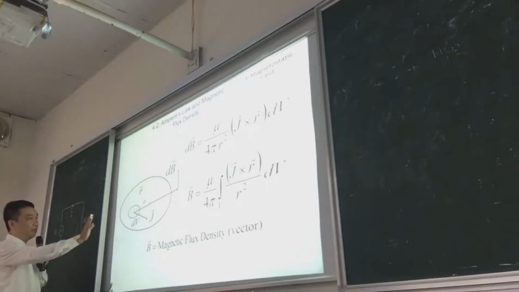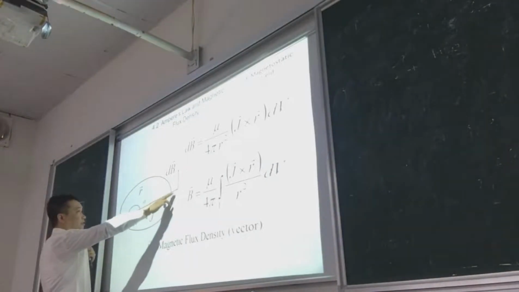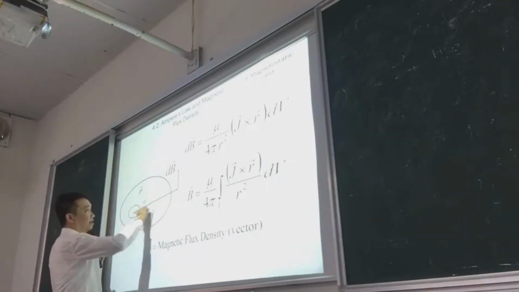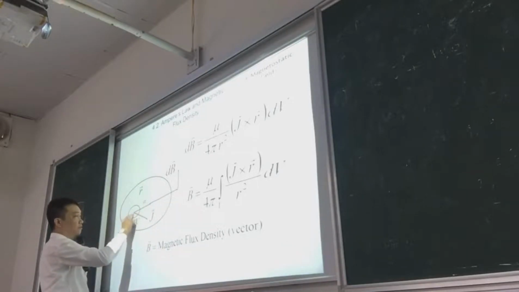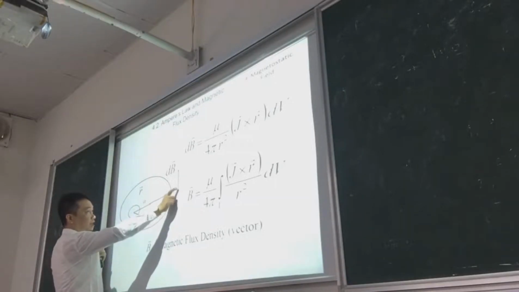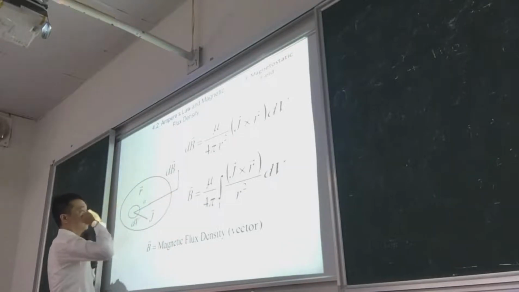Then you form the vector R, which points from the dV to the point designated for calculating the magnetic field.